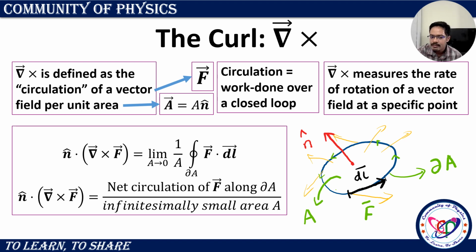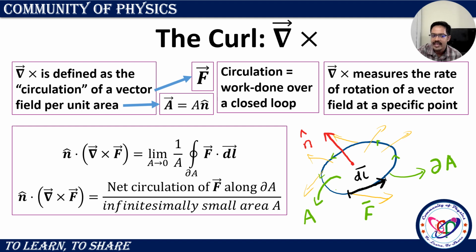Now we divide by the area A, and that is basically the net circulation of F along del A per unit area. Now if we take the limit A tends to 0, that gives us the curl of F along n hat.